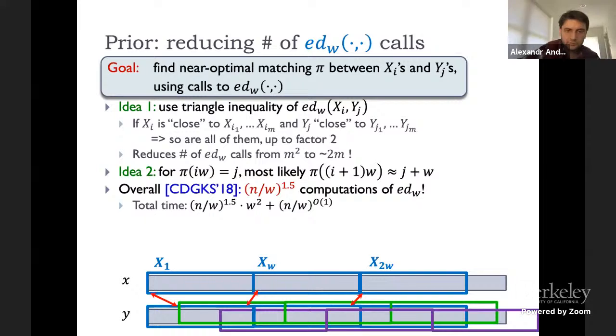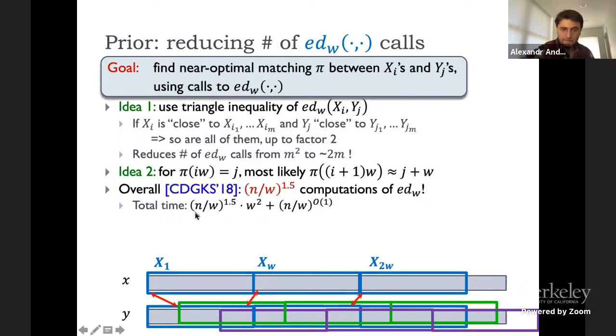In this breakthrough result from 2018, we showed that using these two ideas, you can reduce the number of recursive calls to edit distance on w to be only (n/w)^1.5. Remember, whatever we had on the previous slide was quadratic; here it's reduced to power 1.5.